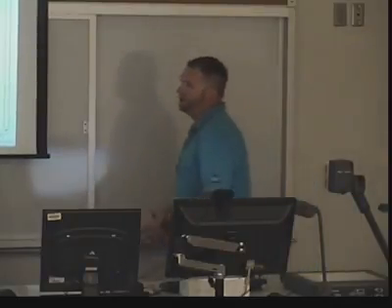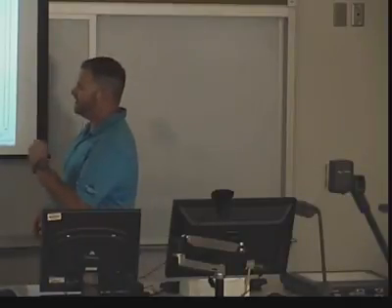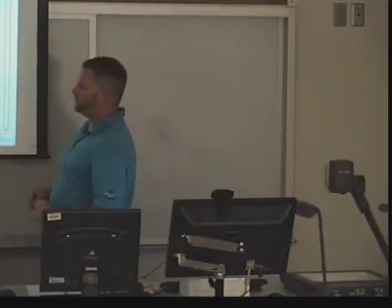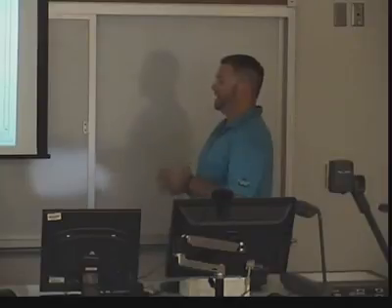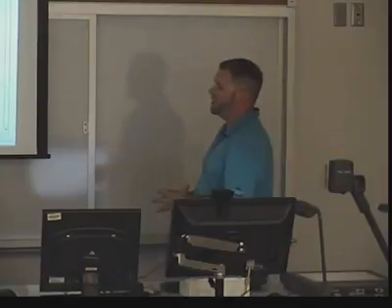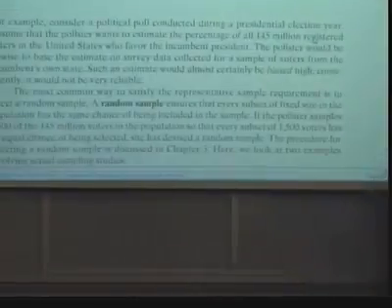A random sample ensures that every subset of fixed size in the population has the same chance of being included in the sample. If the pollster samples 1,500 of the 145 million voters in the population, every subset of 1,500 voters has an equal chance of being selected. Now, how many different subsets of 1,500 voters are there in 145 million?